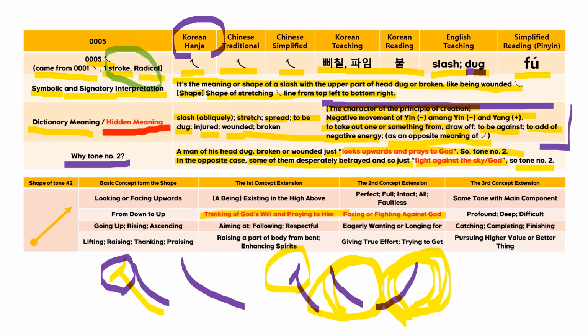So in this way, we can remember this character has the specific value of tone number 2. What do you think about this? A totally different approach to the Chinese language and characters, including Korean Hanja.